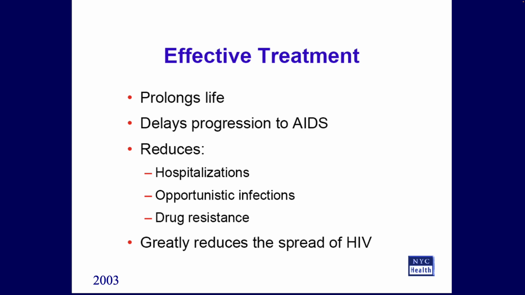So this concept of treatment as prevention, as it was called, turned out to be proven quite definitively later on. But it's something that Tom Frieden and a few others felt strongly was the case even before it was borne out in research studies.